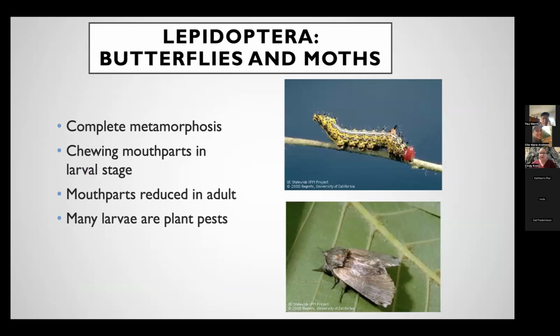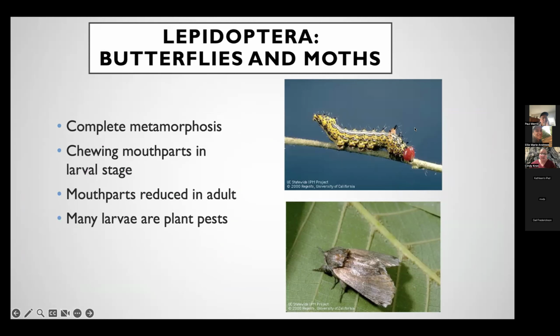So moths and butterflies go through complete metamorphosis. Again, you go egg, immature stage, adult. And there's definitely multiple immature stages. Each time they go through an immature stage, they're going to molt and get larger. But because it's complete metamorphosis, we know that, as you can see here, the immature stage doesn't look like the adult.